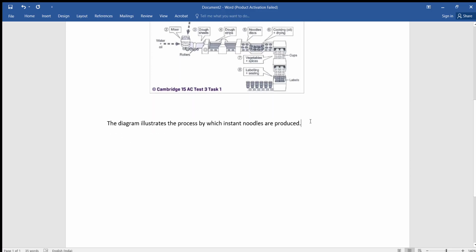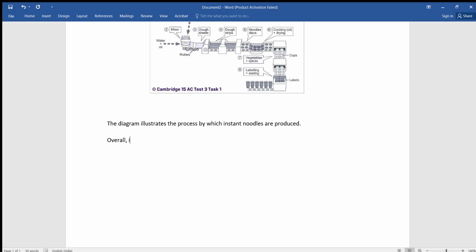Now I'm moving to the overall. As I mentioned before, you have to add at least 2 to 3 features. So we can start like this.